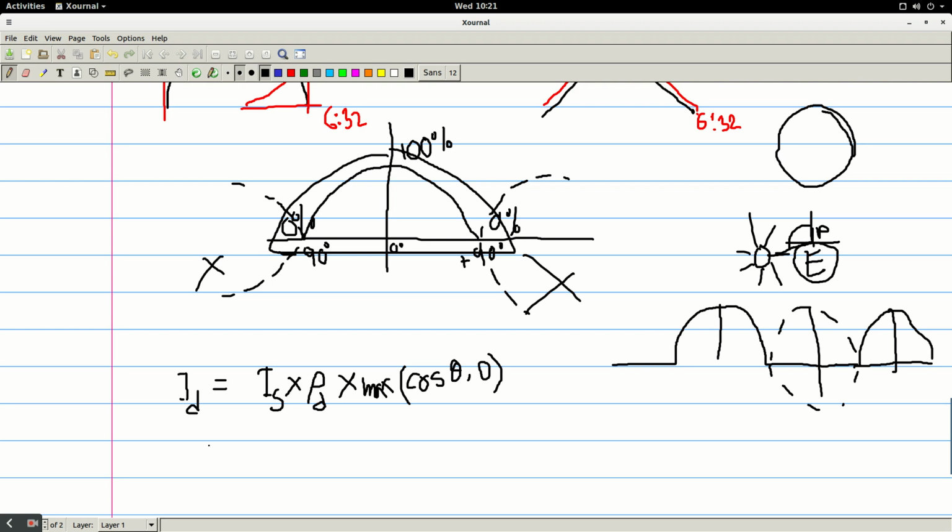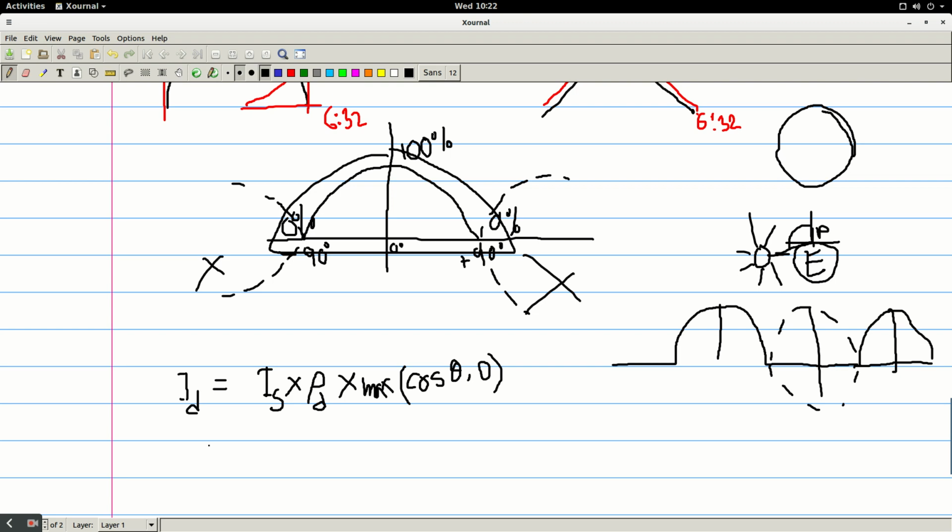Yeah. So when you have negative values for cos theta, what's going to happen? You will get 0. As soon as cos becomes positive, you're going to pick the positive value because that's more than 0. Is this thing clear?